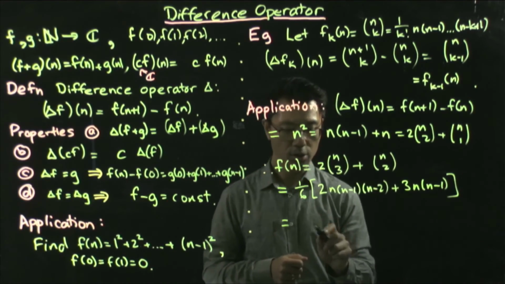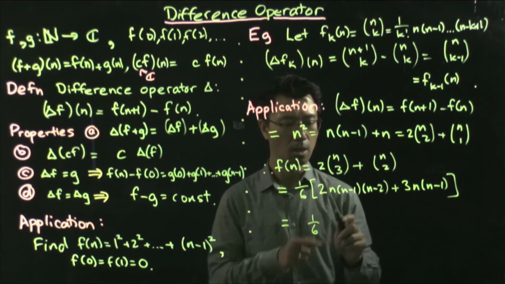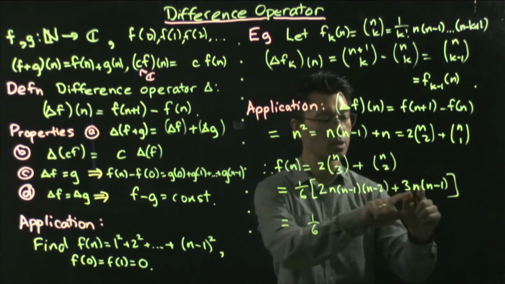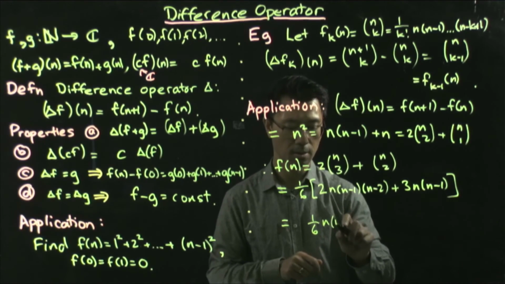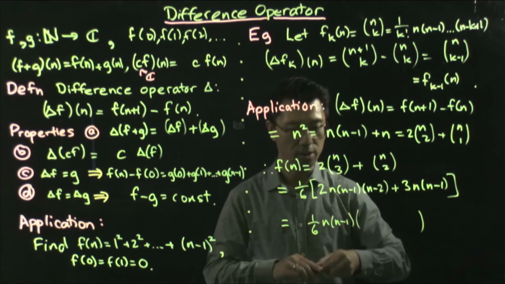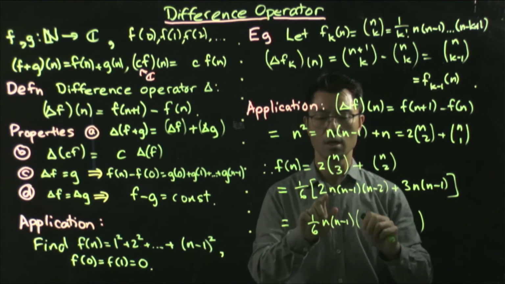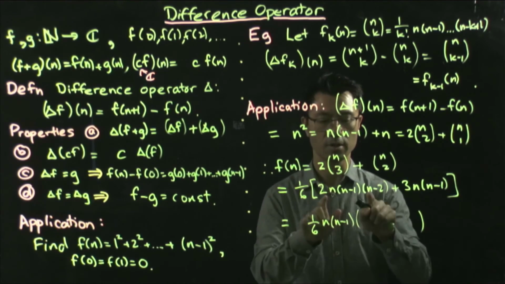And now you can rewrite this term. There's an n times n minus 1 factor in both of these. And so what's left, once we've taken out the n and the n minus 1 terms, is 2 times n minus 2, so you've got 2n here.